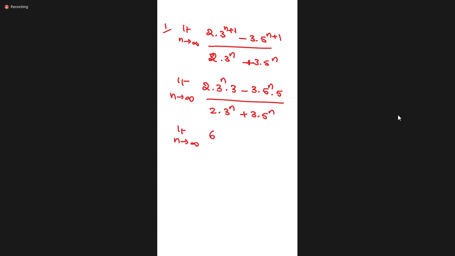So 2 threes are 6 into 3 power n, 15 into 5 power n, by 2 into 3 power n plus 3 into 5 power n. Now the doubt is, do you take 3 power n common or 5 power n common to simplify the sum? Which number do you have to take common?